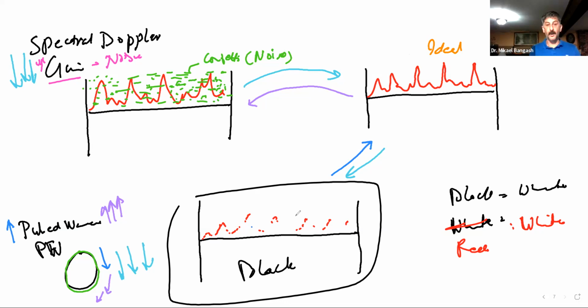Or you may even go where you just have an empty spectrum where there's no reading. Why? Because your spectral Doppler gain was too low. Is that clear?